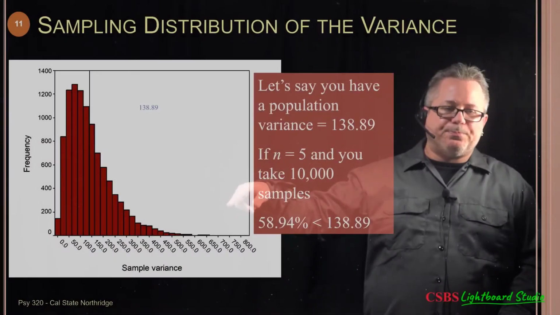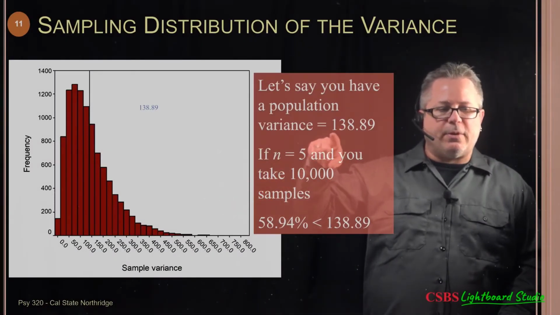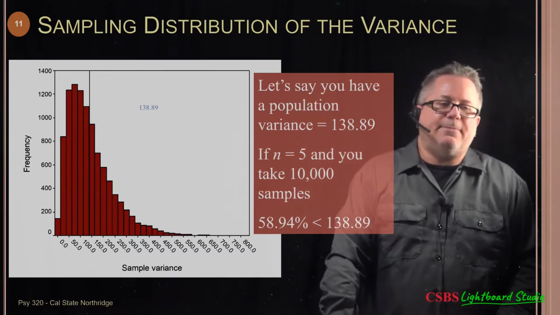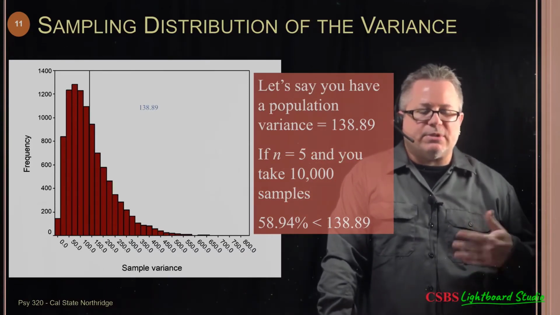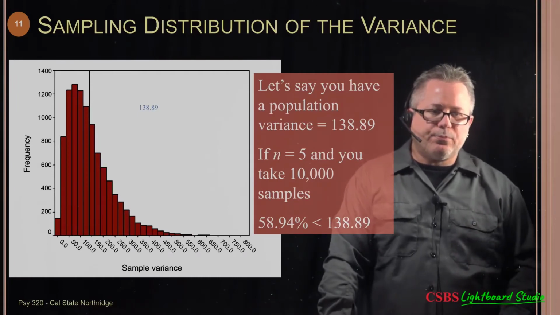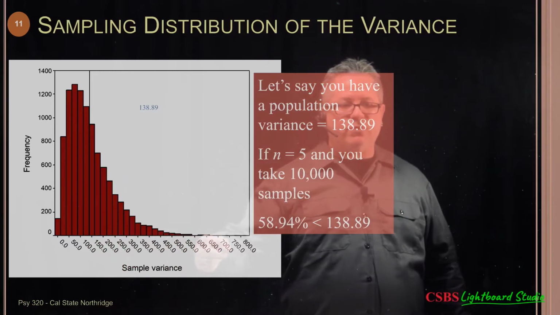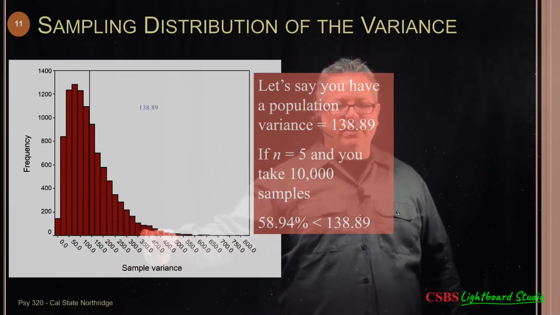So if I took a population that has a variance of 138.89, and I take 10,000 samples of size 5 over and over again, what we see is that rarely are you going to get large variances. You're going to get some variances out here that are big, right?